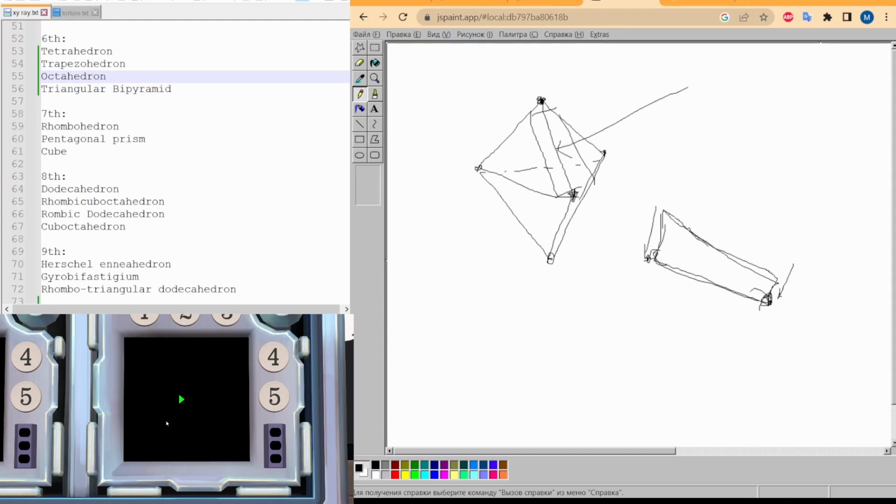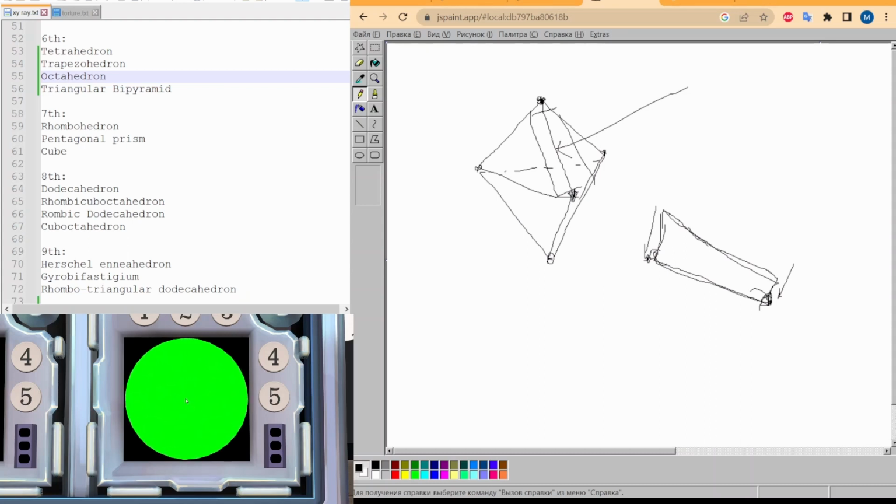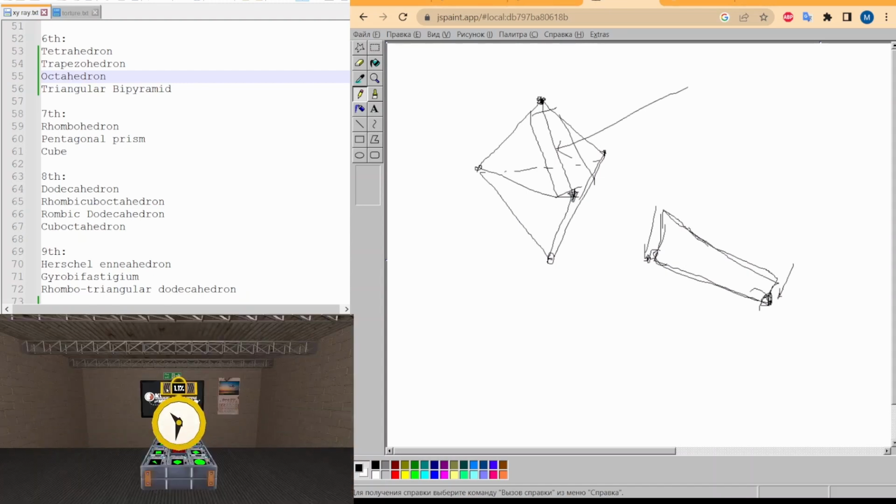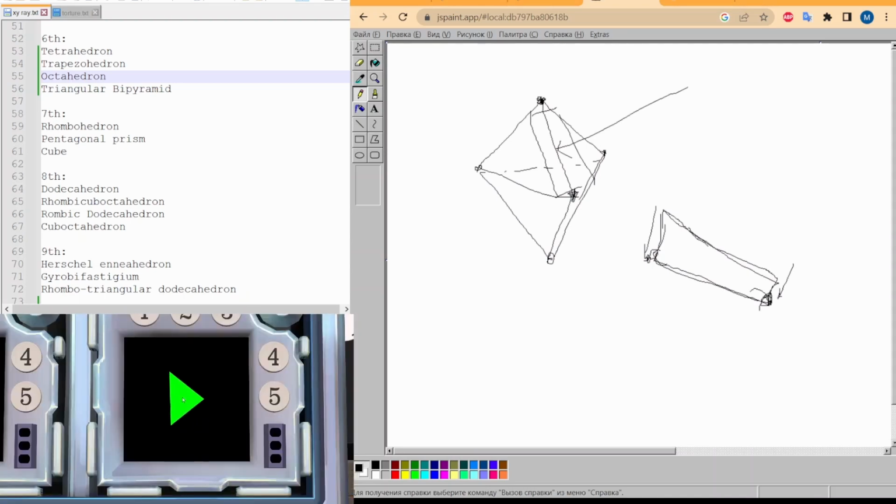Okay, this was cylinder. 1, 2, 3. Too quick. Once again. All right. One, 2, 3.